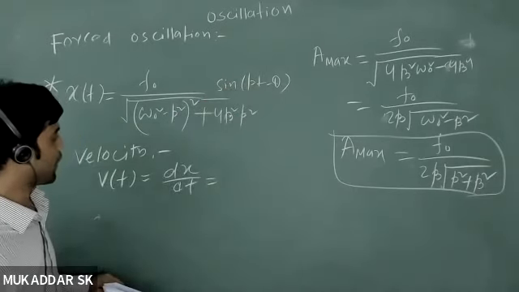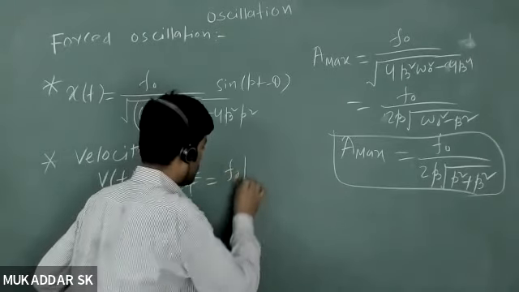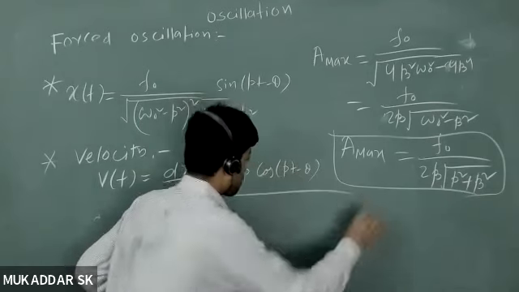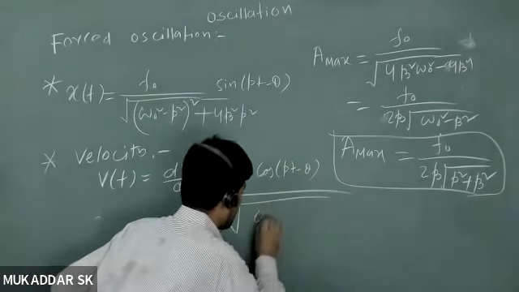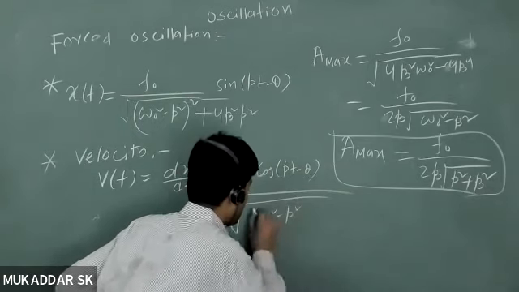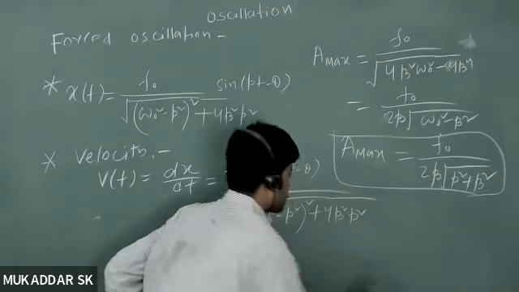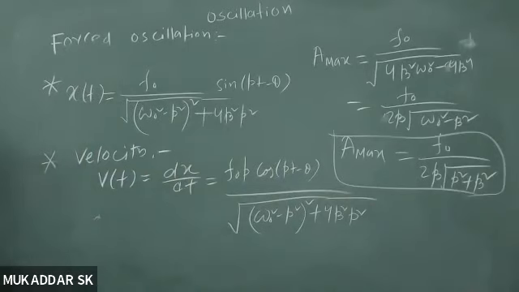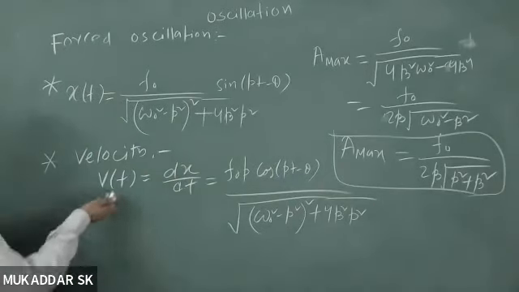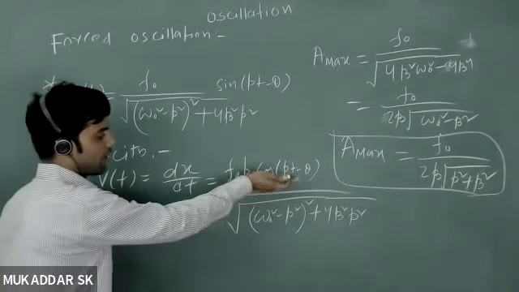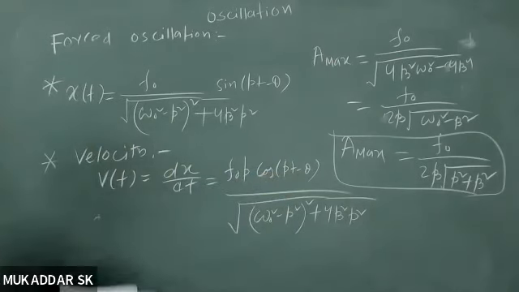So if you differentiate with respect to time, you will get f naught p cos of pt minus theta, right? And you will have this term omega naught square minus p square whole square plus 4 beta square p square. So this is your velocity of forced oscillator. You can clearly see the velocity is oscillating in nature, because cos pt minus theta is oscillating in nature. So of course velocity will be oscillating in nature.